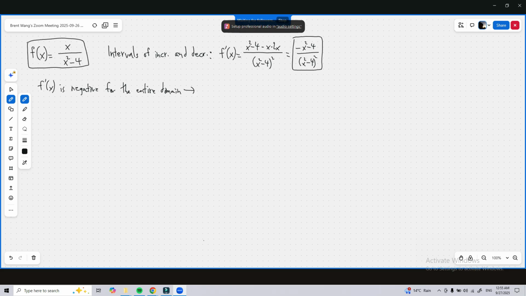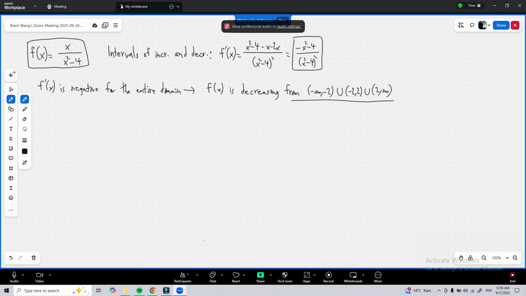So therefore, f of x is decreasing throughout the entire domain, but I'm going to write it out. Negative infinity to negative 2, union negative 2 to 2, union 2 to infinity. Constantly decreasing.